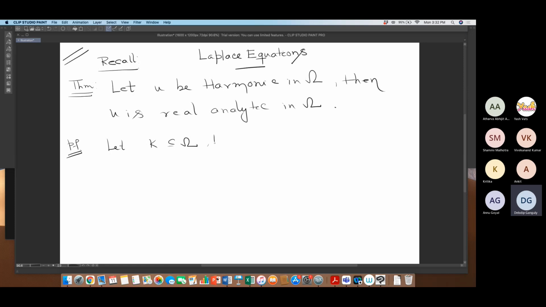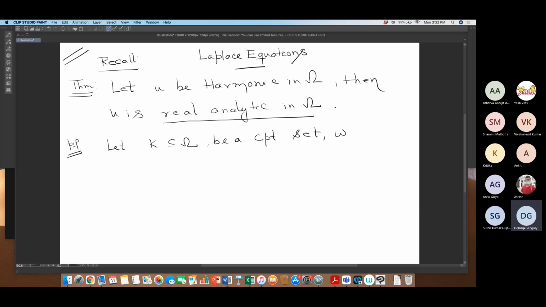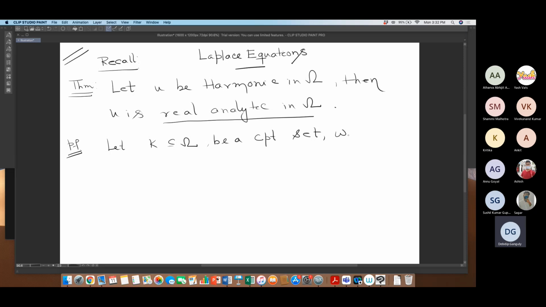If we want to show U is real analytic, we know a function U is said to be real analytic if and only if it satisfies some condition, which we have already done when studying real analytic functions in Rn.